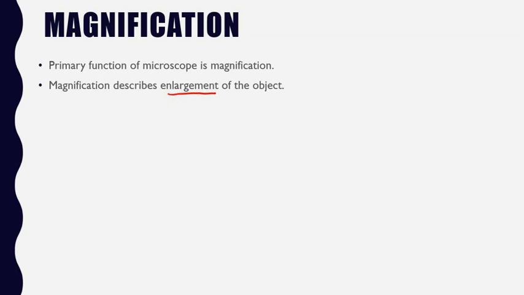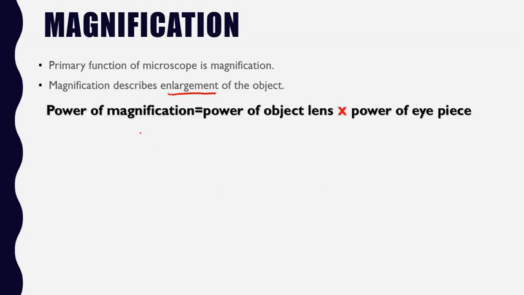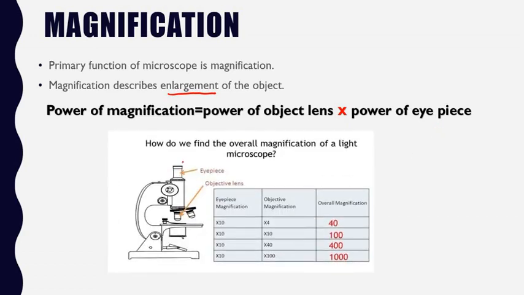Magnification will give us a magnified image. If you see from this formula, the power of magnification is the power of the objective lens multiplied by the power of the eyepiece.